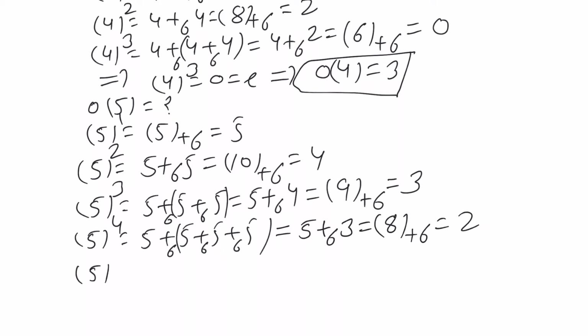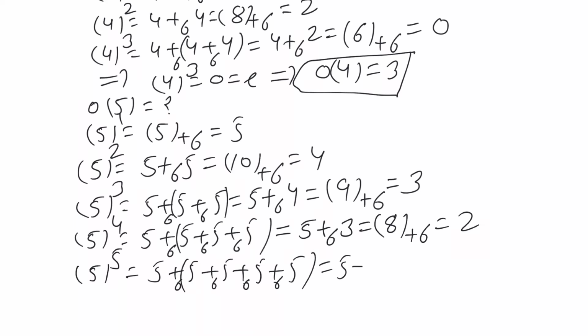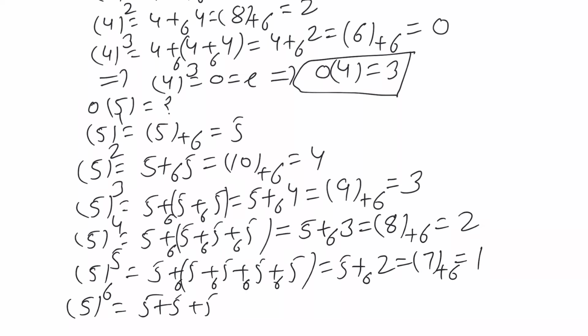Now 5 to the power 5 is 5 added 5 times under addition modulo 6. When it is 4 times, you know the result is 2. Okay, it is 7 added, and when it is divided by 6, the remainder is 1. Now 5 to the power 6 is 5 added 6 times.